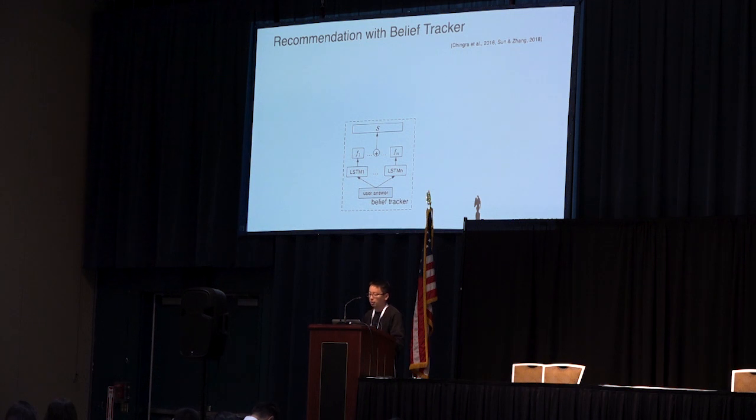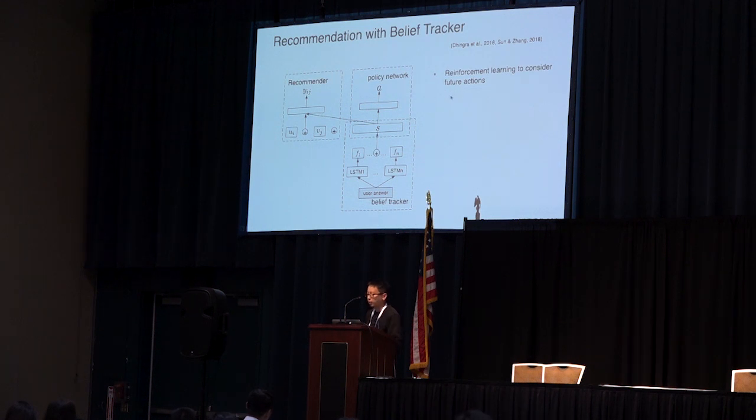It's better to use a probability instead of a binary decision, because the LSTM could be wrong about understanding the user language. So s is simply a concatenation of all this information. And then you can apply a policy network to produce an action. And the recommendation system also uses the belief tracker output.